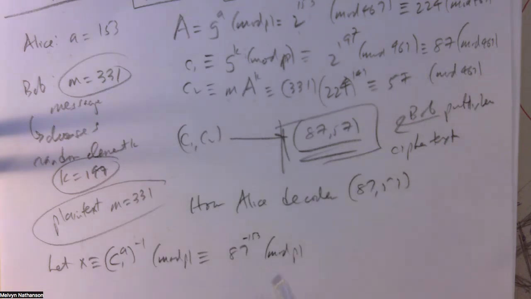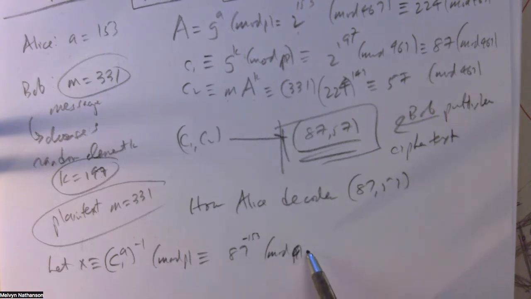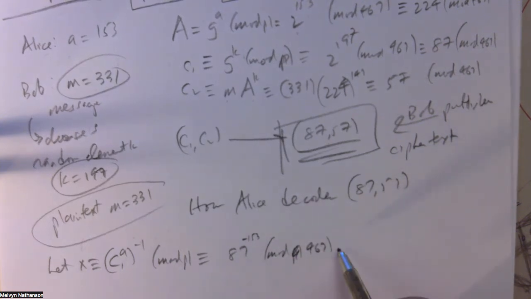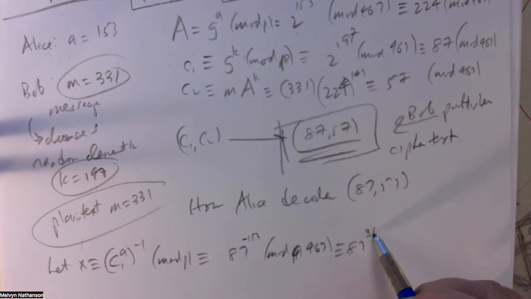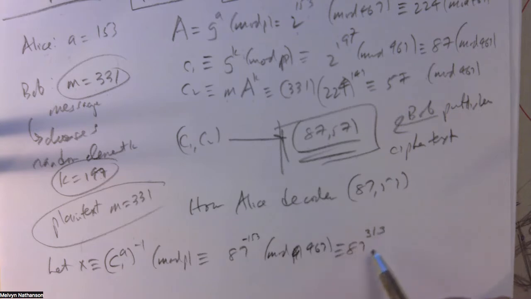And when you calculate this, so mod, what is P? 467. So this is the same as 87 raised to the power 467 minus 153 minus 1. So that is 87 to the 313.